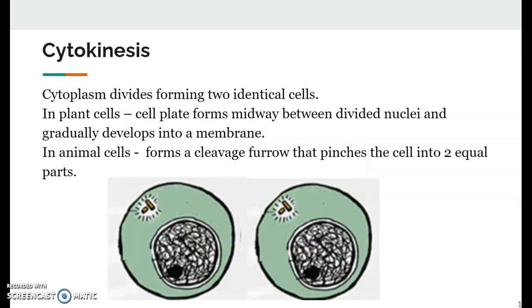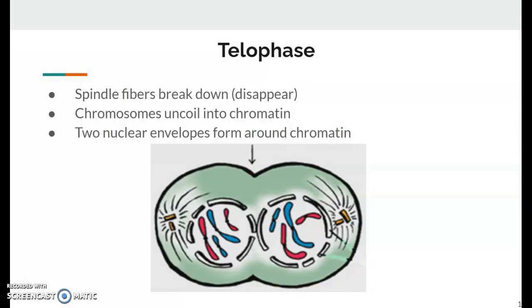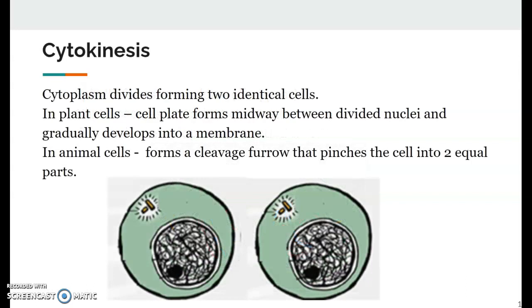Then we have cytokinesis, which is the division of the cytoplasm. So let me just go back real quick. Notice that this is still one cell, right? But this process makes it two cells. So the cytoplasm divides and it forms two identical cells. In plants, a cell plate forms midway between the divided nuclei and gradually develops into a membrane.